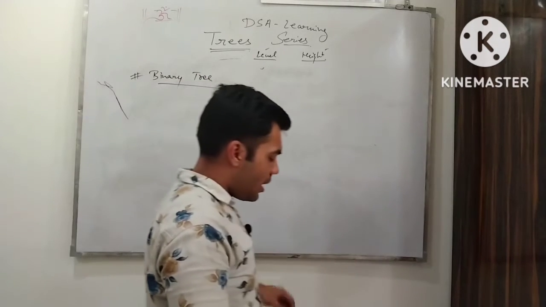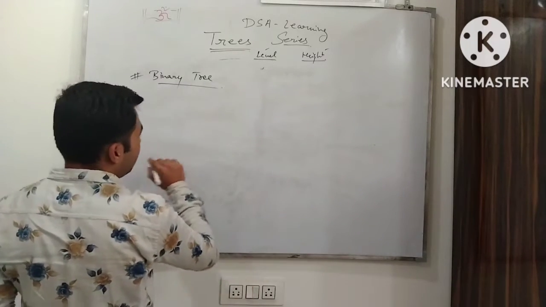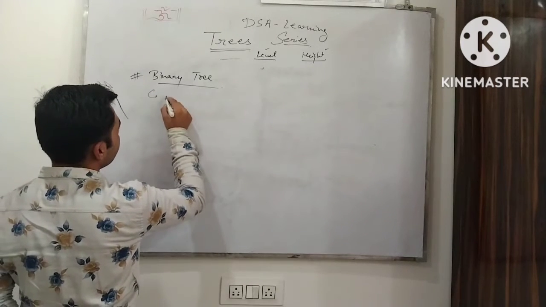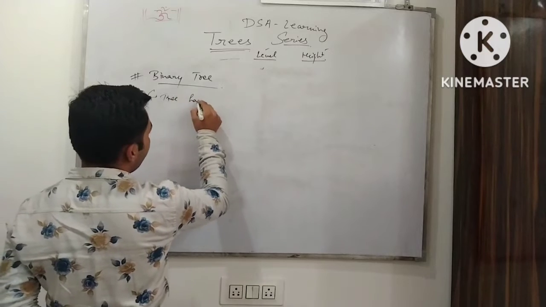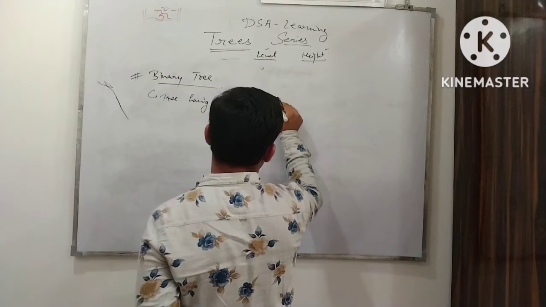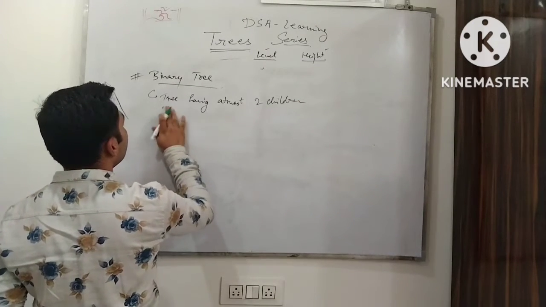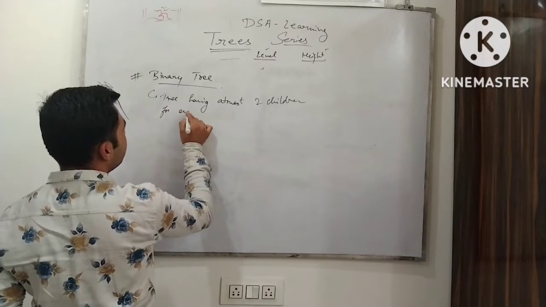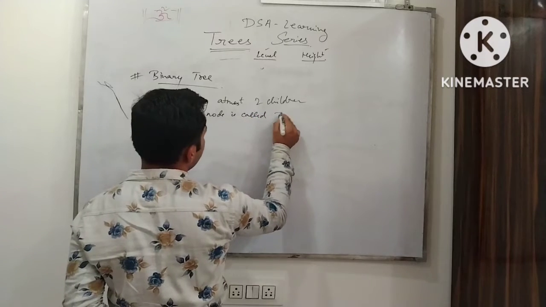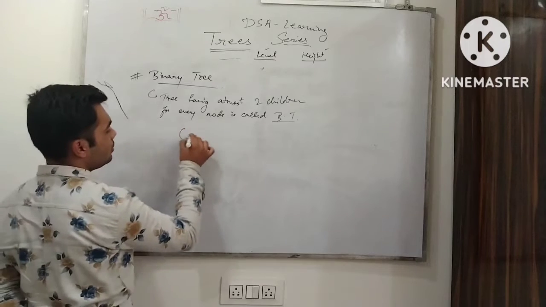The tree which has at most 2 children for all the nodes is called a binary tree. Tree having at most 2 children for every node is called the binary tree.